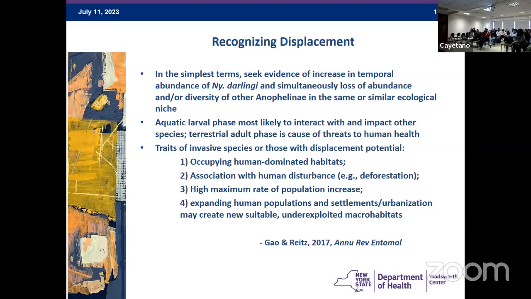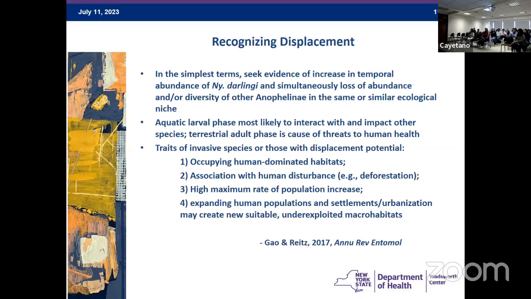It could be done. With the expanding human population in settlements, if people keep expanding and moving into the forest, of course there's going to be more suitable and underexploited microhabitats that Darlingi and other species like it, nicely adapted to this kind of deforested area, are going to thrive in.